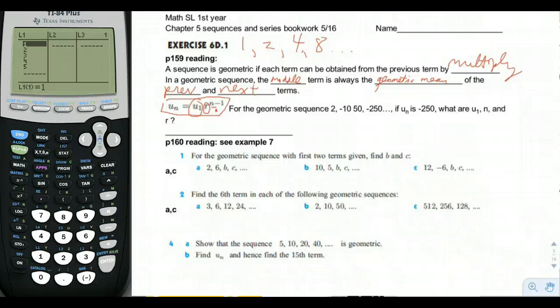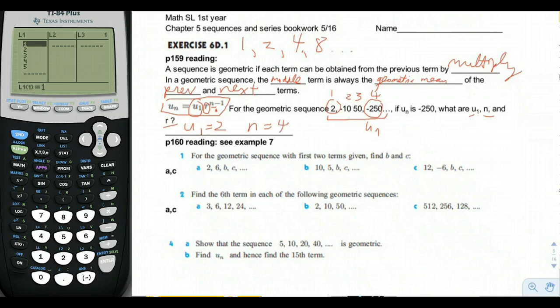Okay, so for the geometric sequence 2, -10, 50, -250, if un is -250, what are u1, n, and r? Well, let's see, u1 is the first term, it's 2. n is the index, so if this is term 1, this is term 2, this is term 3, -250 is term 4, so n is equal to 4.